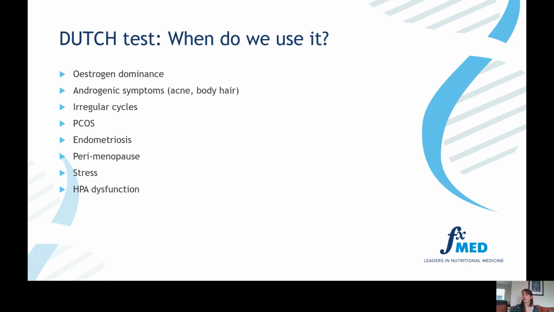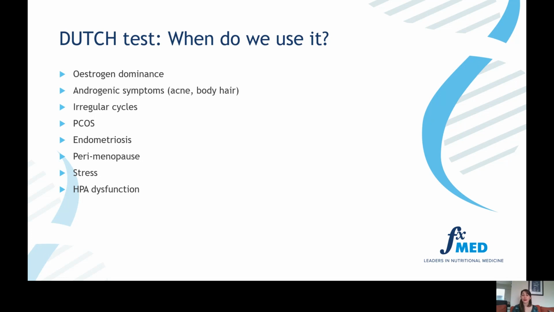When do we use DUTCH? When might we decide DUTCH would be a good tool to assess what's going on with someone? When people are having signs of things like estrogen dominance, androgenic symptoms, which can include acne and body hair, irregular cycles, suspected or confirmed PCOS or endometriosis, symptoms of perimenopause, general stress.